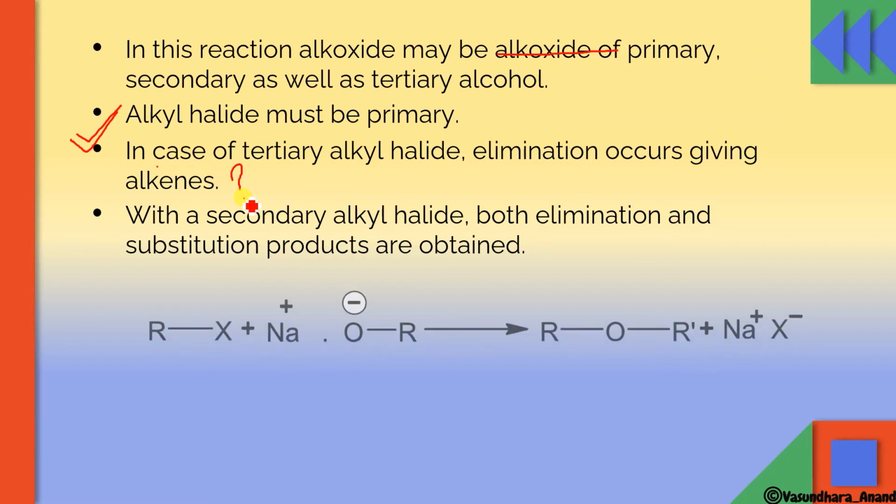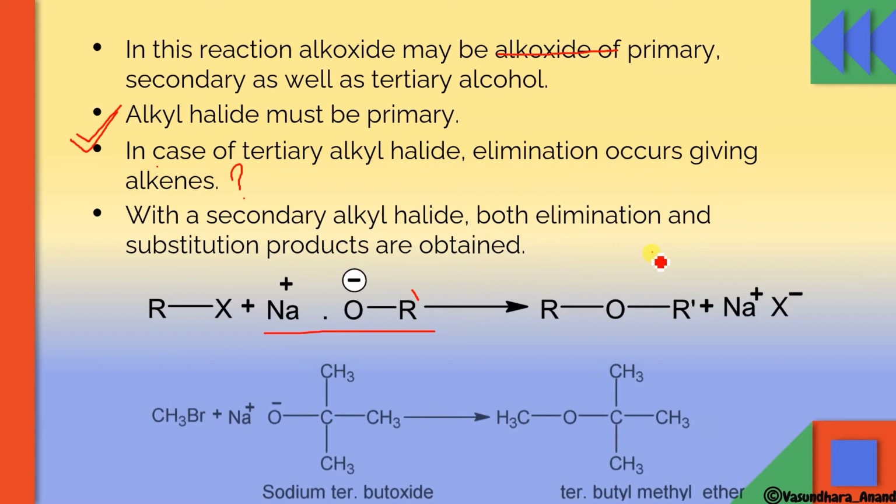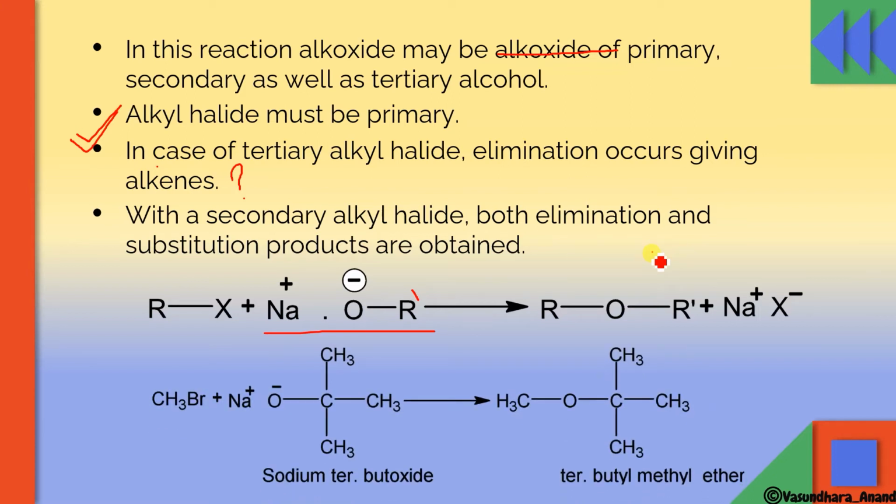RX plus RONa, sodium alkoxide, and what will happen, NaX will come out and it will form ROR'. Let it be R and R'. If they are the same, it is called a symmetrical ether, and if different, an unsymmetrical ether. Like in this case, primary alkyl halide, and I have used sodium tertiary butoxide.